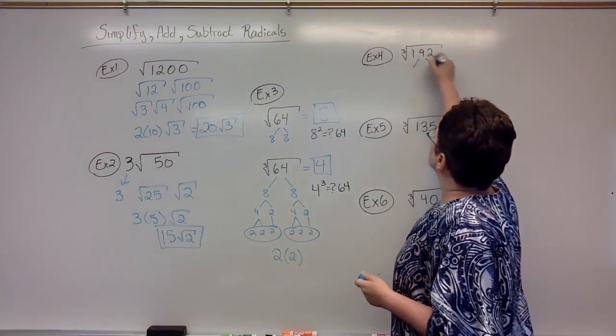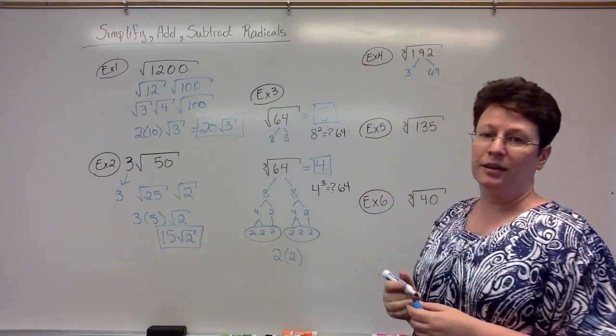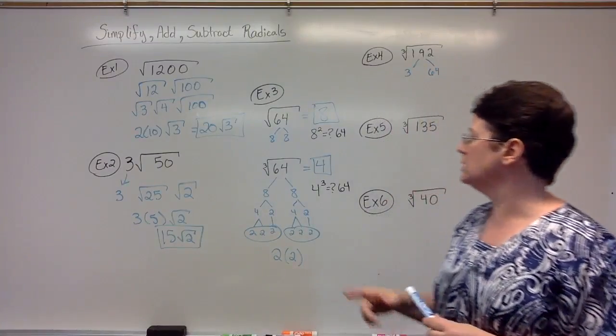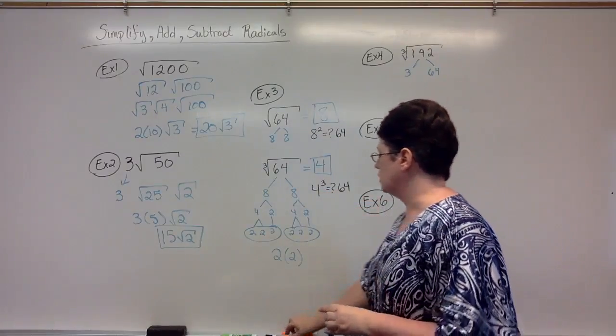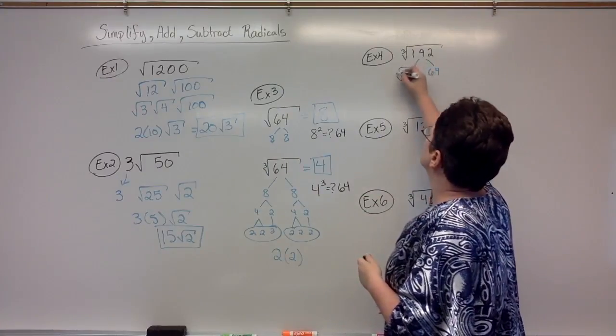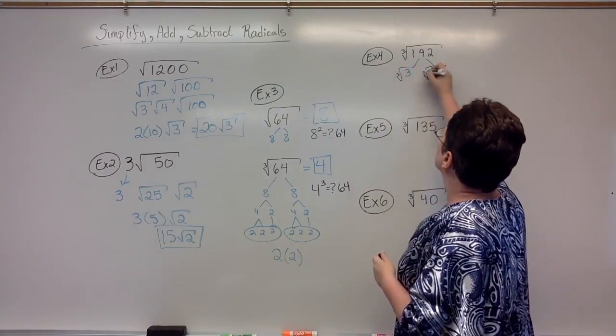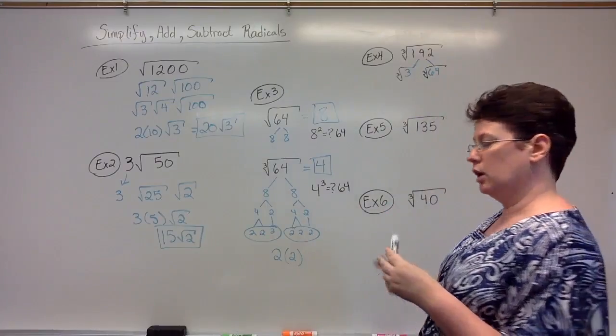Okay, so I'm going to split this up into 3 and 64. Cool. Didn't we know something about 64? Yes. So if I take the cube root of each of these numbers, the cube root of 64 is 4.